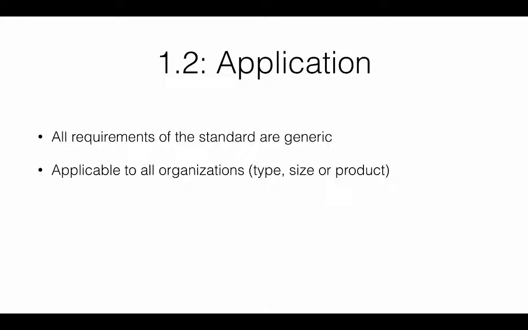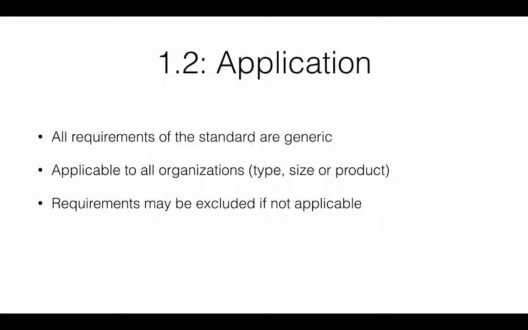Section 1.2 Application highlights the broad range and flexibility of the ISO 9001 standard, stating that all requirements of the standard are generic and applicable to all organizations regardless of type, size, or product and service offered.